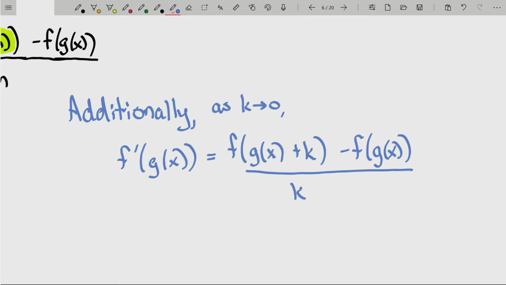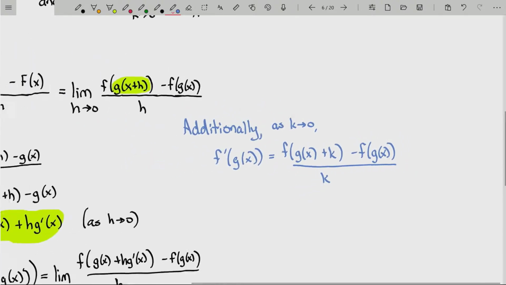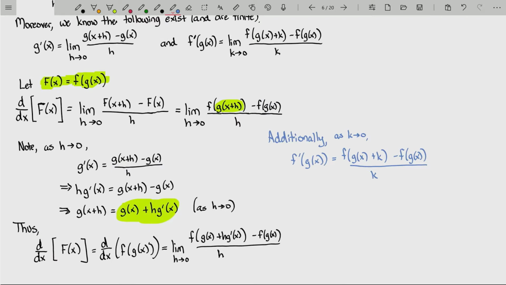Now, again, very hand wavy here, but I'm still going to go ahead and use that same mathematics here, multiplying both sides by k, and that will be k f prime of g of x is equal to f of g of x plus k, and then minus f of g of x.